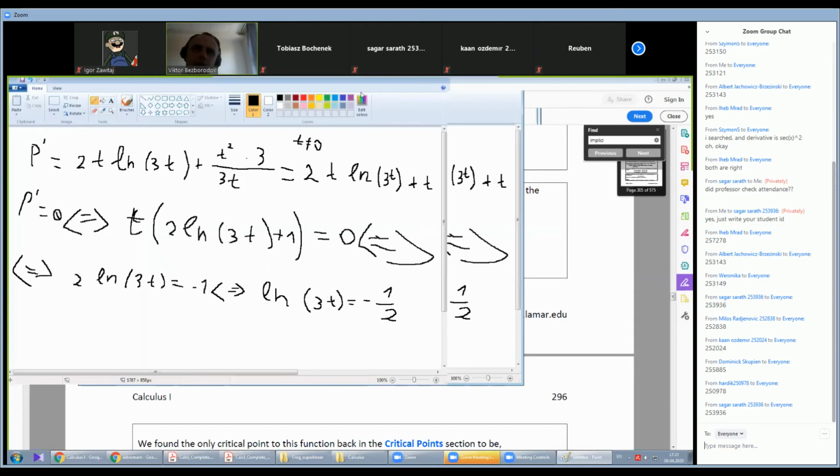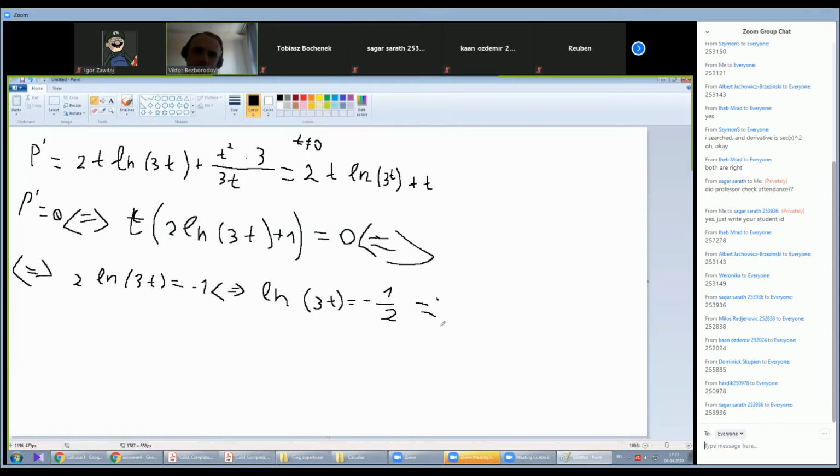So what's next? It means that 3t equals, and now we take e to the power of both parts of the equation. Here e to the logarithm of 3t is going to be 3t, and e to the -1/2 is going to be e to the -1/2.